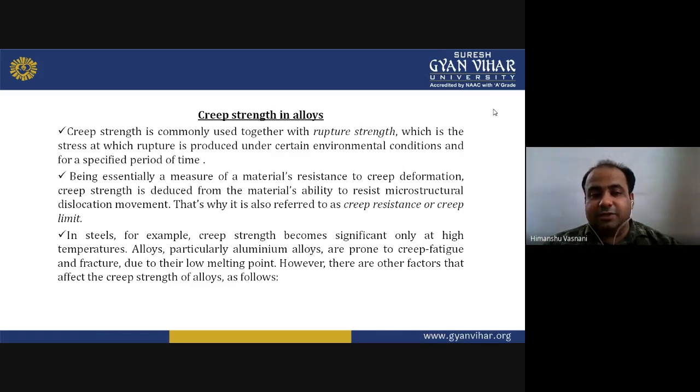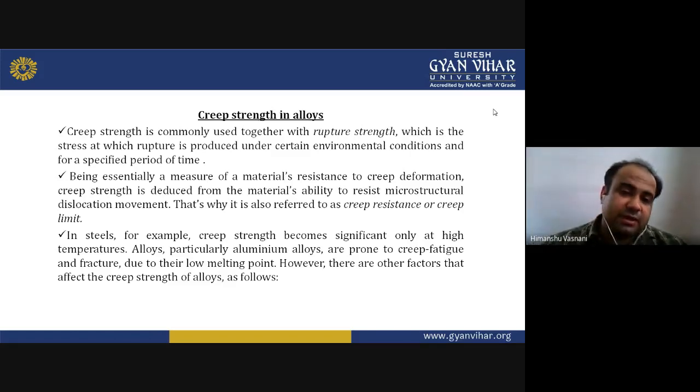It is essentially a measure of the material's resistance to creep deformation.